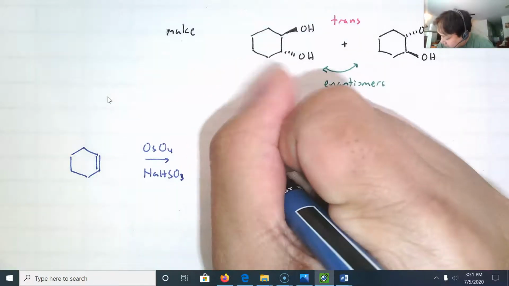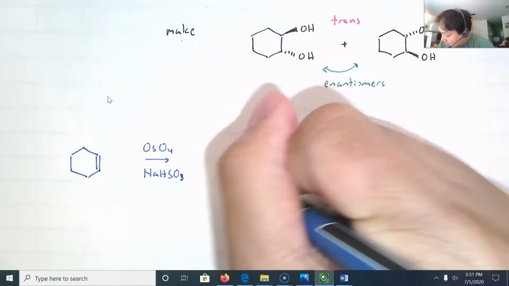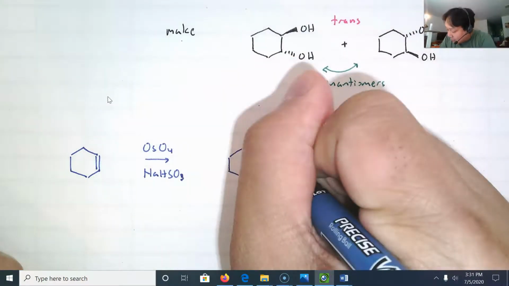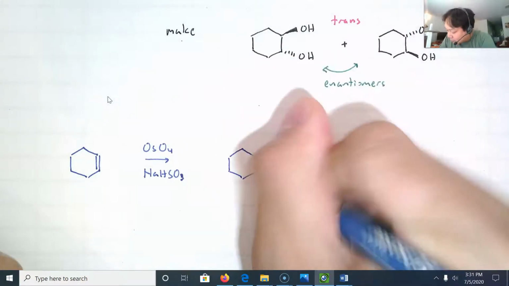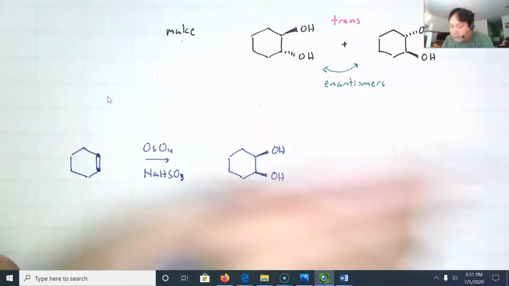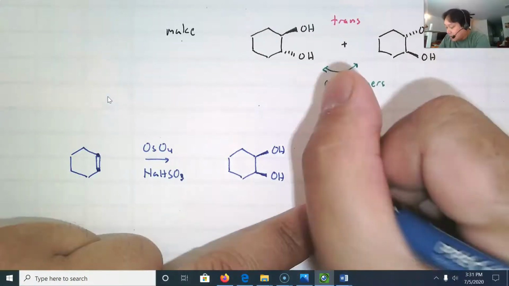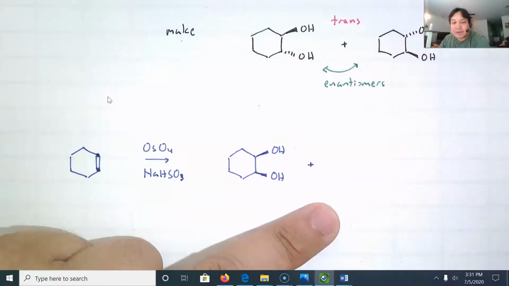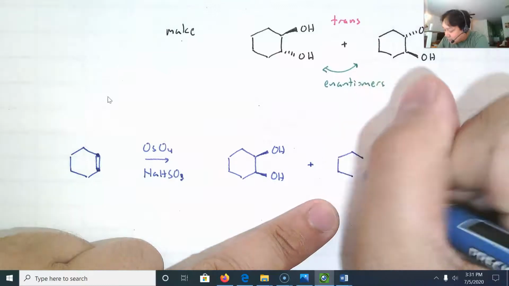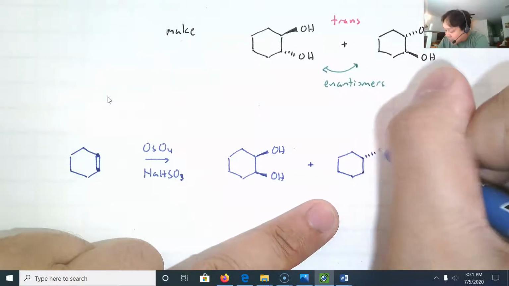Well, we have this. Osmium tetroxide makes a diol that makes a cis diol, and I'm going to draw the OH wedge off of the two carbons that are part of the double bond. Now, if you're super concerned about stereochemistry, I've seen students draw the dash dash. Right?